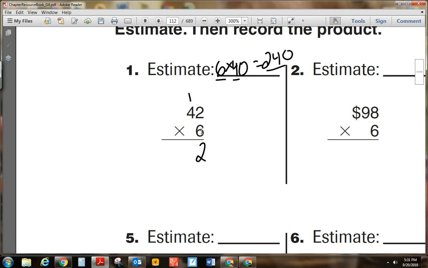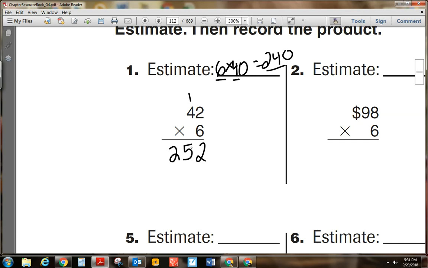Now I go back to the 6. I'm going to do 6 times 4 tens. 6 times 4 tens is 24 tens, plus one more 10, so that's 25 tens. Gotta make sure I make that a little bit neater, right? 25 tens.